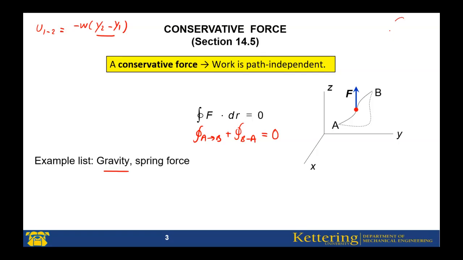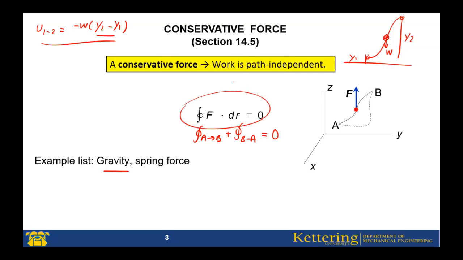For example, this particle is going from 1 to 2. From this datum line, this is y1, this is y2. If this particle has a weight of W, this equation calculates the amount of work done by the weight.